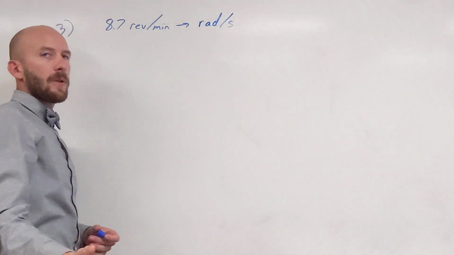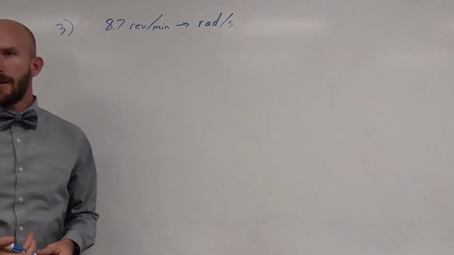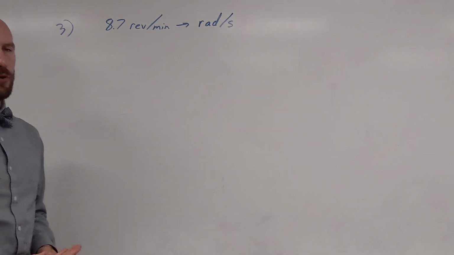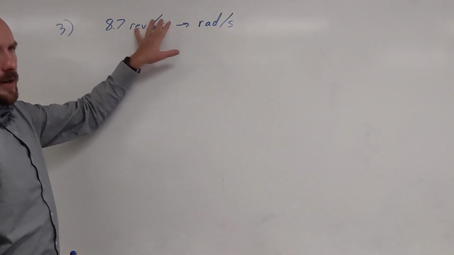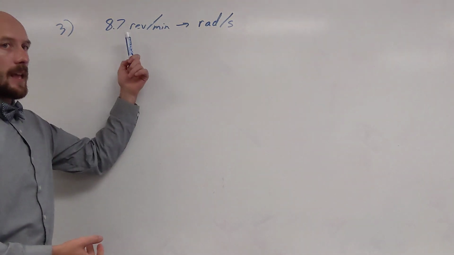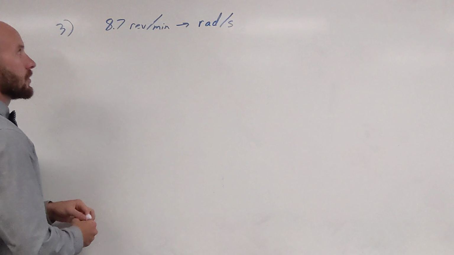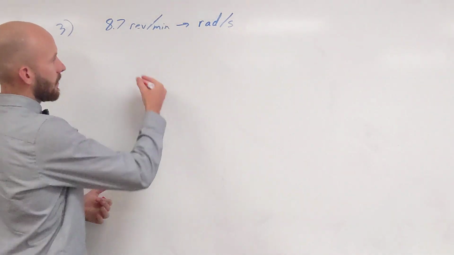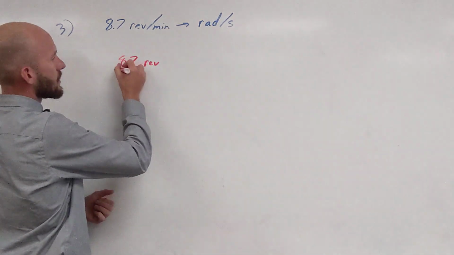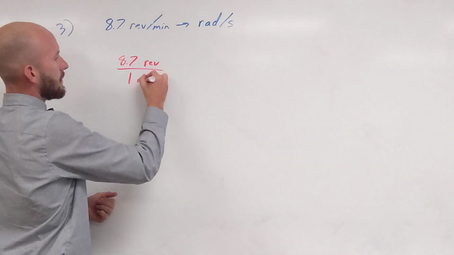RPMs, you guys will see on tachometers on cars, vehicles, equipment, revolutions per minute. We want to write it like this so that we can use unit analysis. So this is 8.7 revolutions in 1 minute. So 8.7 revolutions over 1 minute.